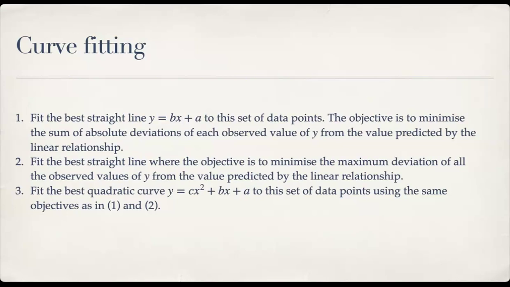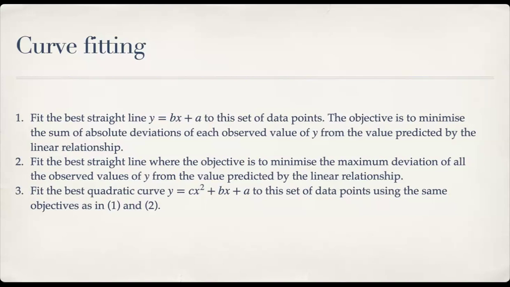The objective is to minimize the sum of absolute deviations of each observed value of y from the value predicted by the linear relationship. We fit those data to this straight line in order to reduce the sum of absolute deviations.